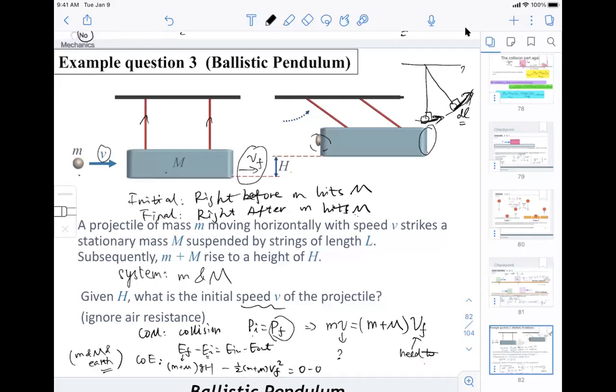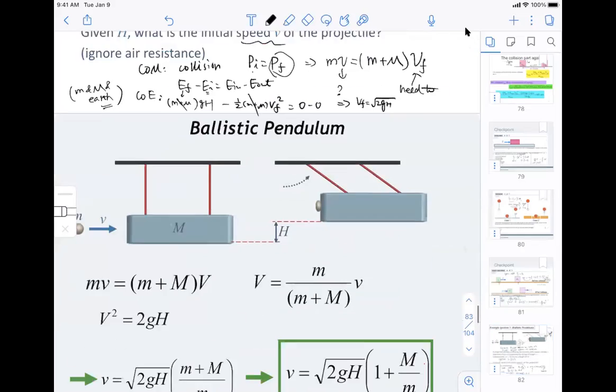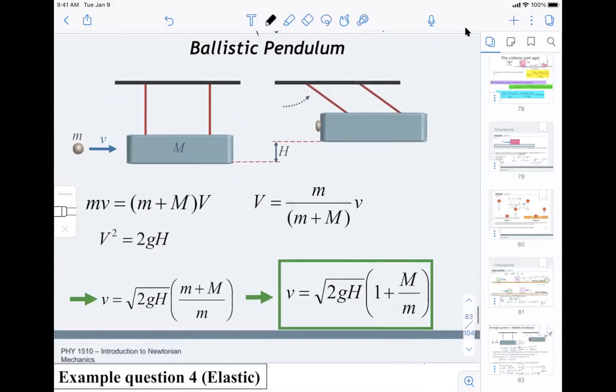So you can see we can find our V final is simply going to be the square root of 2gh, and you can plug it back in here. So you found your V final, and you can plug it in and find the initial velocity of the bullet, or of the little m.